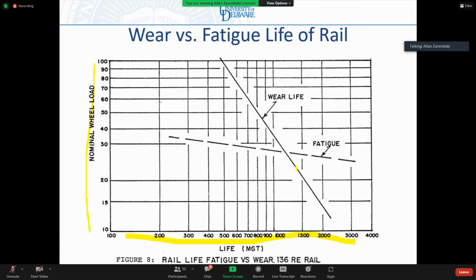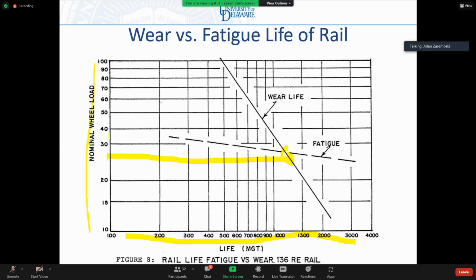And what you can see here is for the lighter axle load, if you take a UIC type of axle load, which is somewhere around here, you see wear tends to dominate, but we're getting close to fatigue. So wear or fatigue can happen in tangent track.